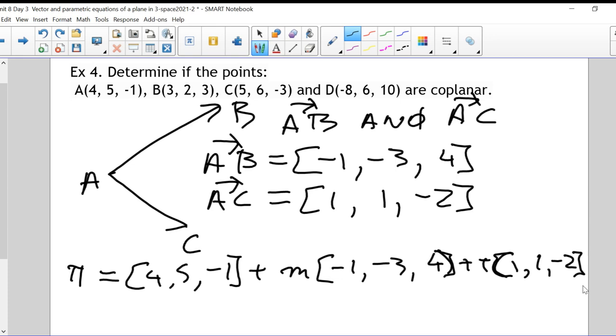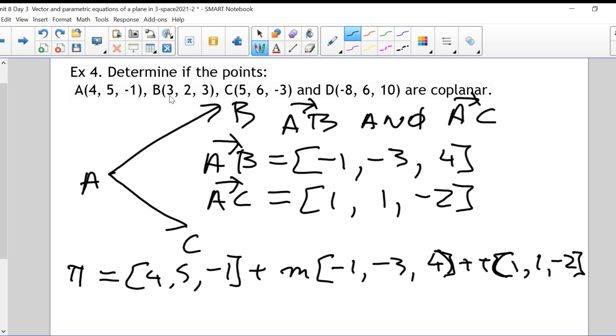So the question now is, we have made these 3 points, and the truth is, any 3 points could be a plane. Okay? You just put 3 points in space and you would have a plane. The question though is, is the 4th point sitting on that plane? That's the issue. Okay?